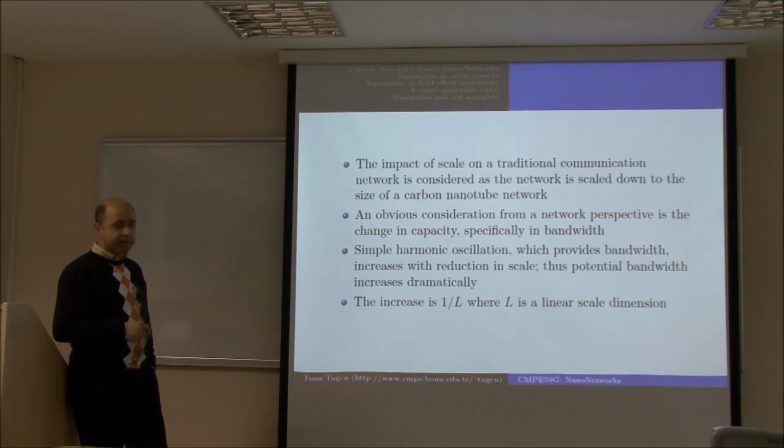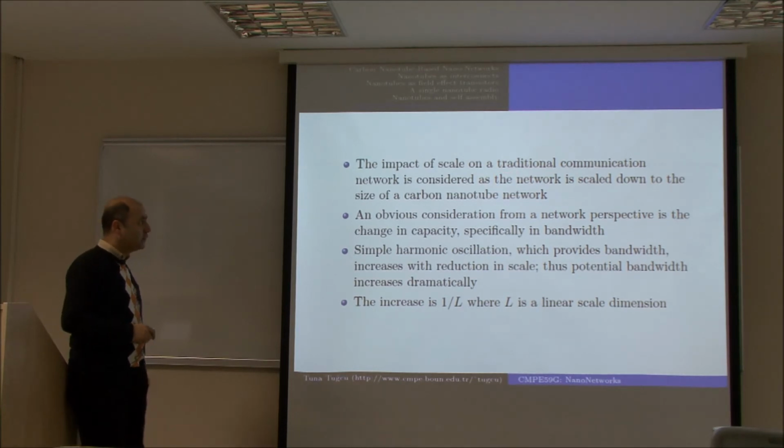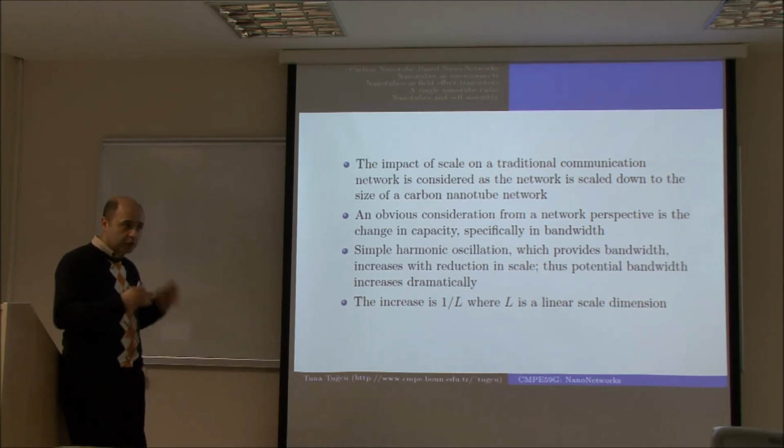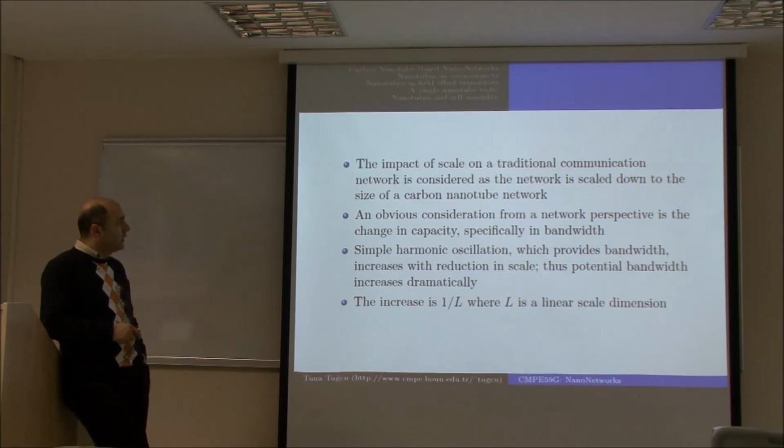And the impact of the scale on a traditional communication network is typically considered as the network is scaled down to the size of the carbon nanotube network. And from a network perspective, the change in capacity and specifically in bandwidth is more of concern to us.